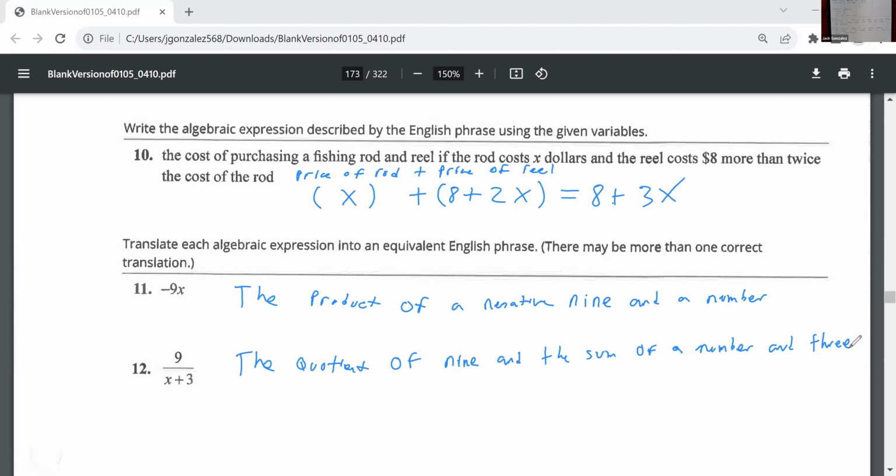You could also say 9 divided by the sum. That one might be a little easier.